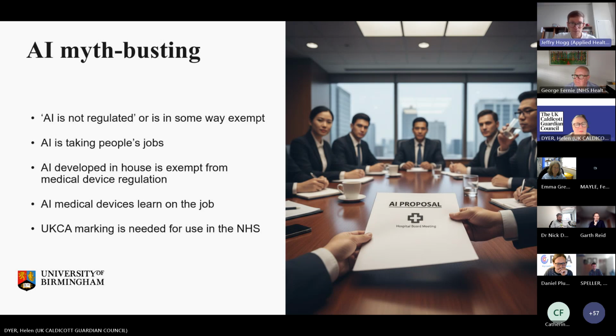Another thing that people both worry about and celebrate is that AI is continuously learning on the job, which is obviously a lovely vision of how brilliant and personalized it could come to be as a technology. But I have only come across one AI medical device which is a continuously learning model.